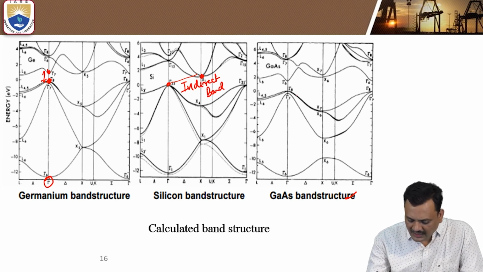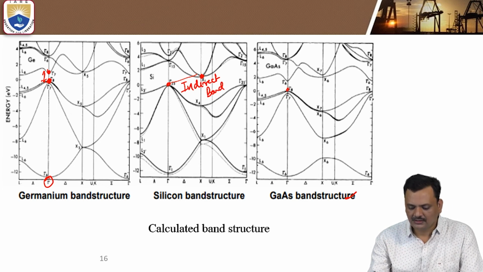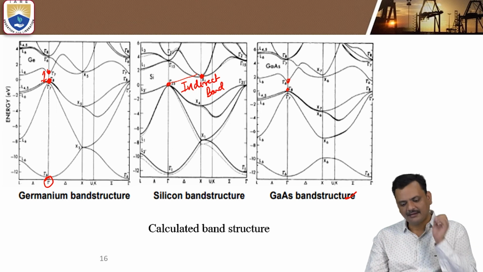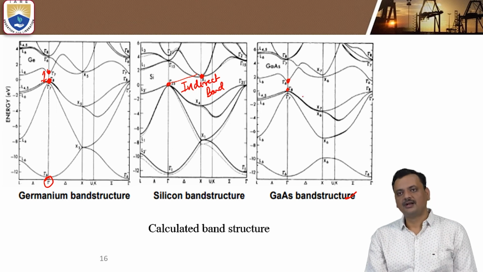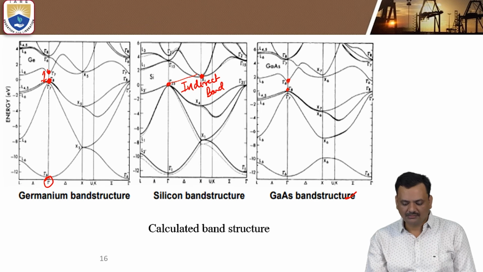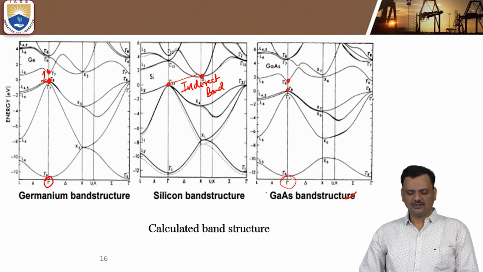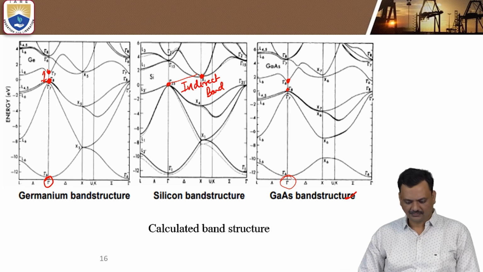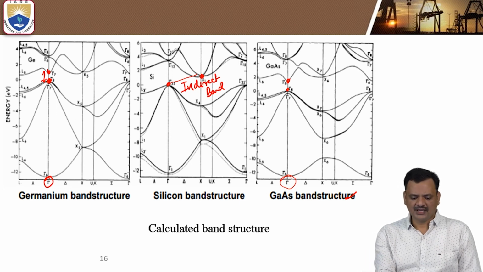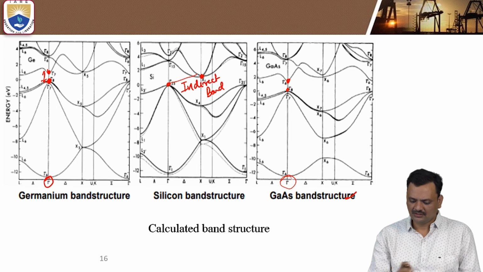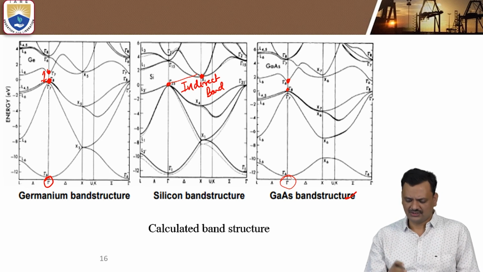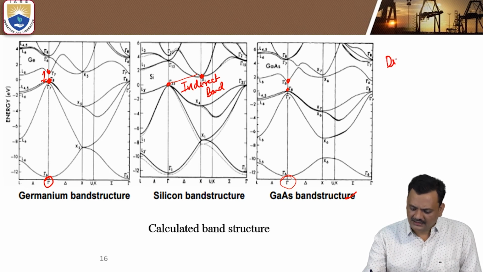Here also in the case of gallium arsenide, direct nature of band gap. Why? Because the top of the valence band and bottom of the conduction band lie on the same k point. Okay. So from this figure, the new thing you study here is the direct nature of band gap.